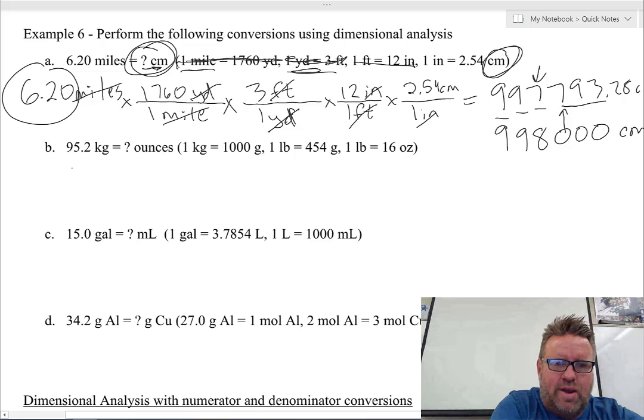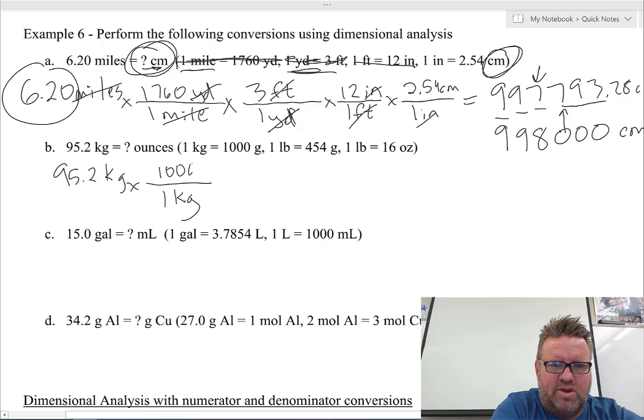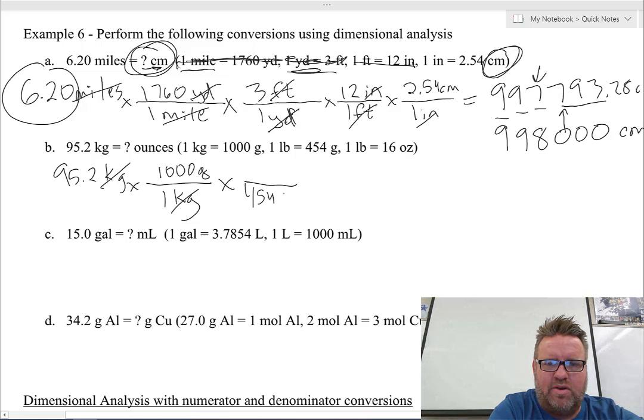Okay, next one. 95.2 kilograms. We need to put that into ounces. So I'm going to start doing these a little bit quicker. Okay, kilograms cancel. And then I've got grams, so I've got to put 454 grams on the bottom, 1 pound on the top, and then 1 pound equals 16 ounces.